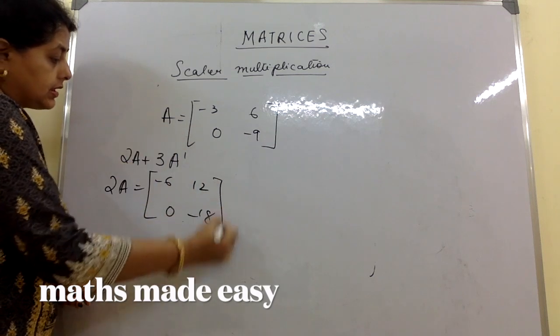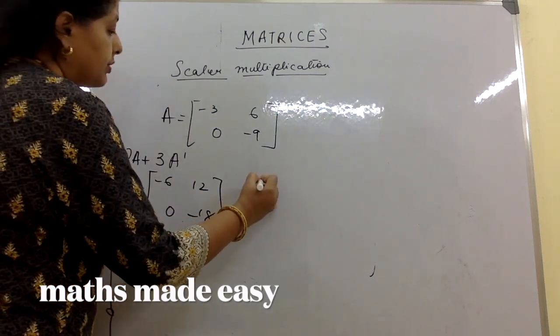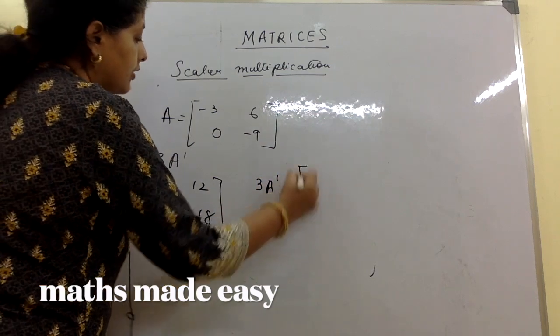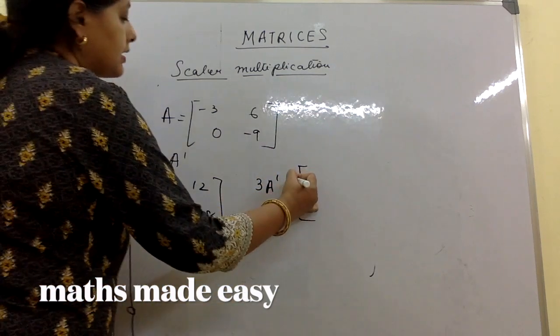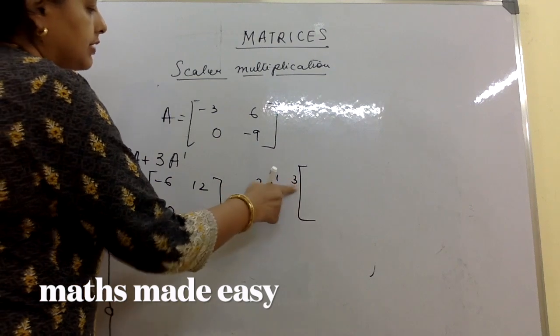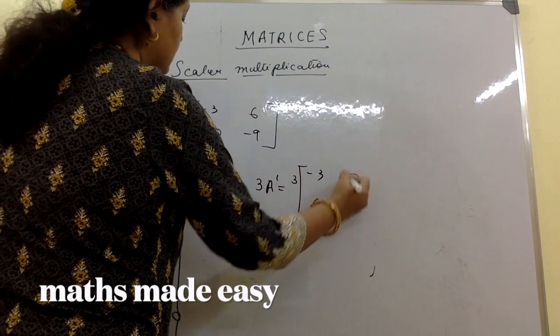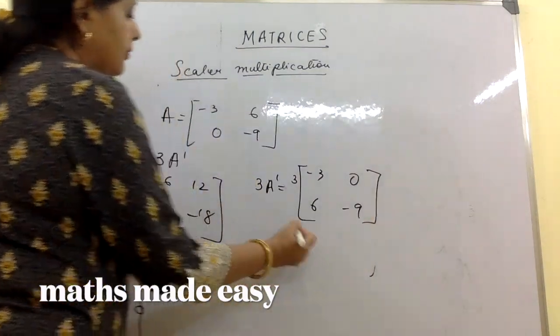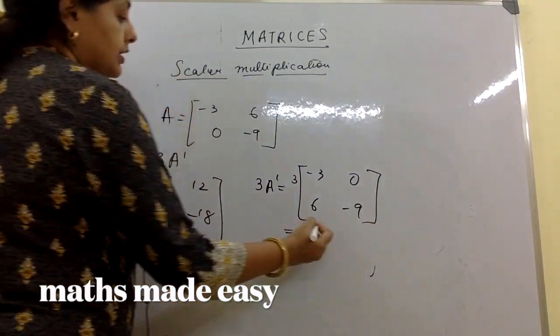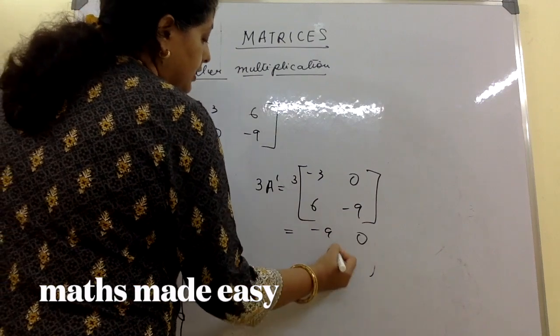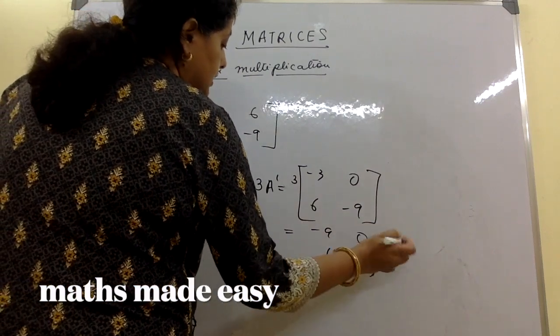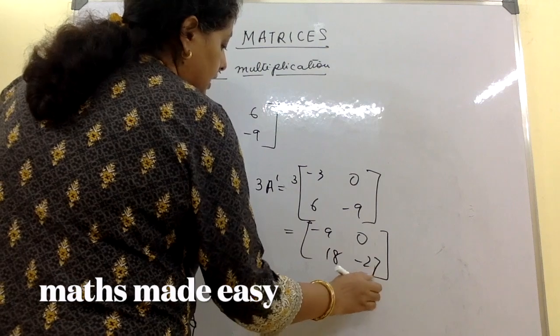But then 3A dash, you have to be a little careful, where you will first write A dash. A dash is minus 3, 6 and a 0 and a minus 9. Rows become columns and columns become rows. So minus 9 and a 0 and an 18 and a minus 27.